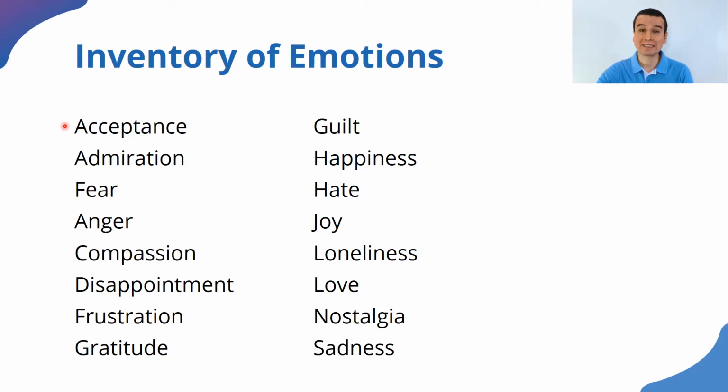The emotion of acceptance, for example, admiration, fear, anger, compassion, disappointment, frustration, gratitude, guilt. When you feel responsible for something, you feel guilt. Happiness, hate, joy, when you're extremely happy.